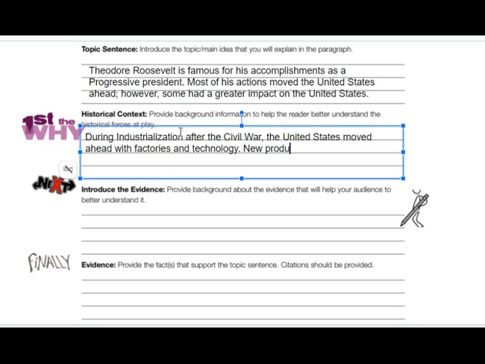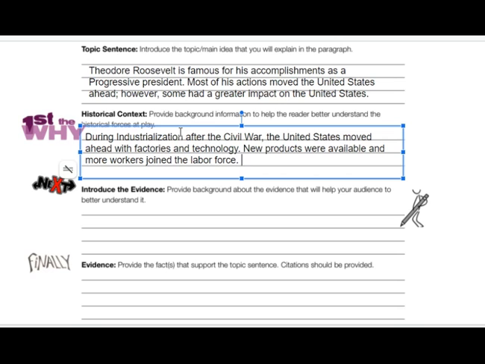New products were available and more workers joined the labor force.